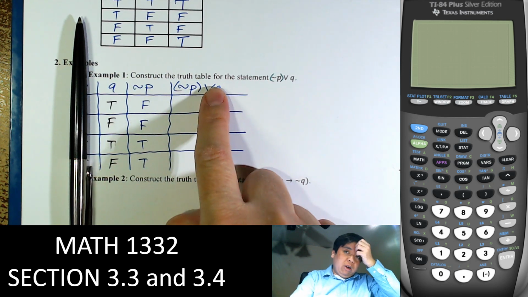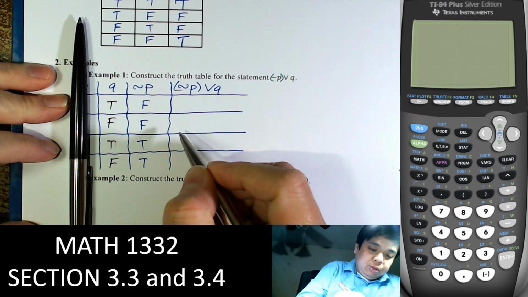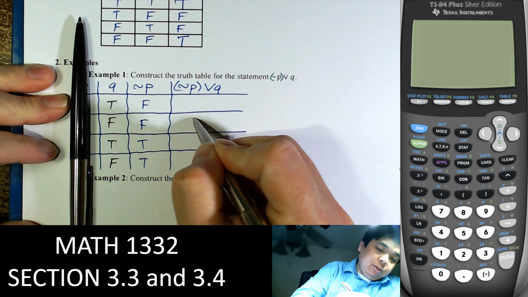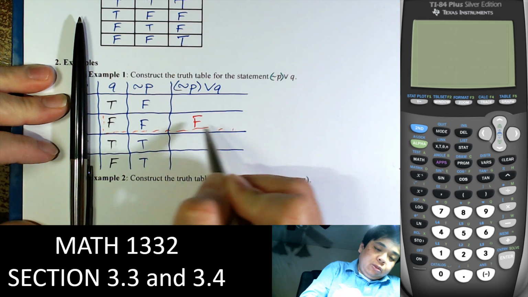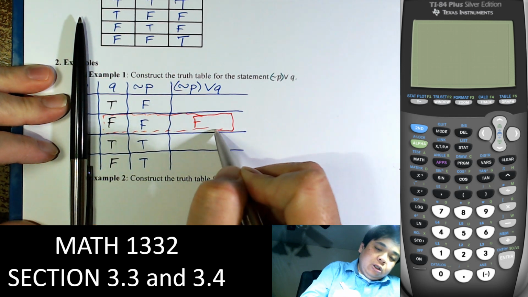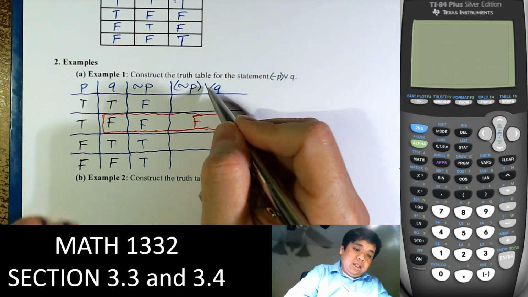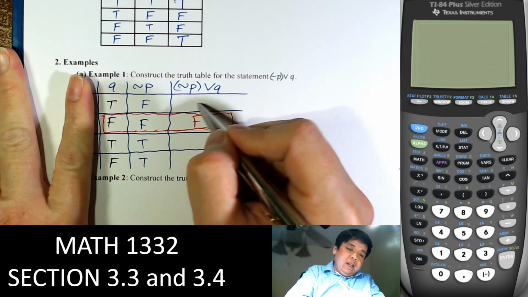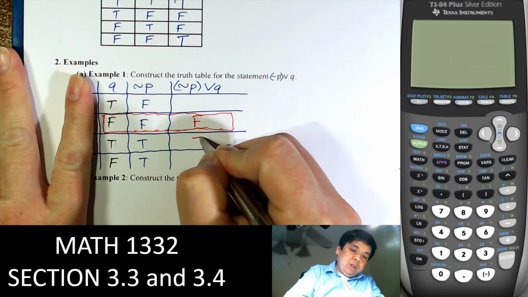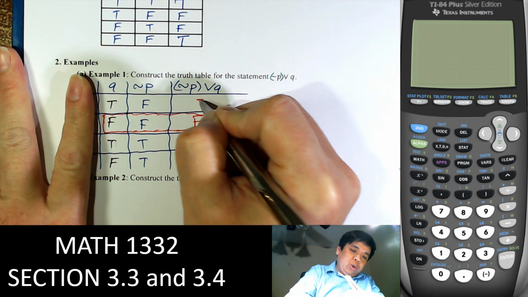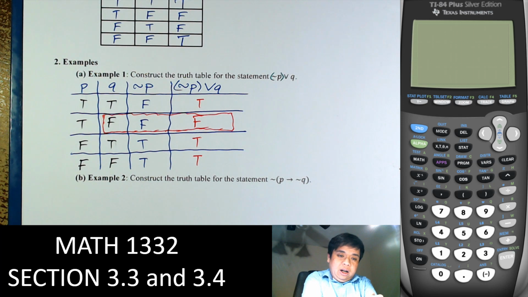This is an or, so when it's or, we watch out for when both of them are false. We focus on that, and this is the or. It is false when both are false. It's going to be true here, true, and true.